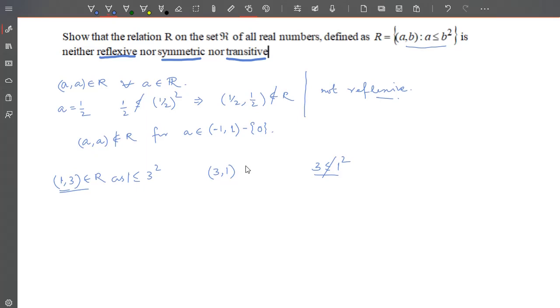No. So (3, 1) doesn't belong to R. (1, 3) belongs to R, but (3, 1) doesn't belong to R. So this is not symmetric.